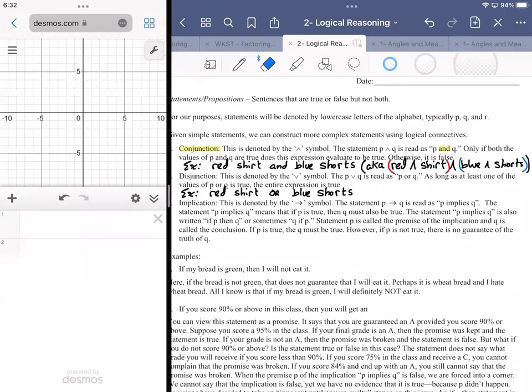So if I said I'm wearing a red shirt or blue shorts, and then I walk in wearing both a red shirt and blue shorts, you'd be like, hey, you said you were going to wear a red shirt or blue shorts. You didn't say you were going to wear both. Well, the or, the disjunction, allows for the both to be a possible consequence.